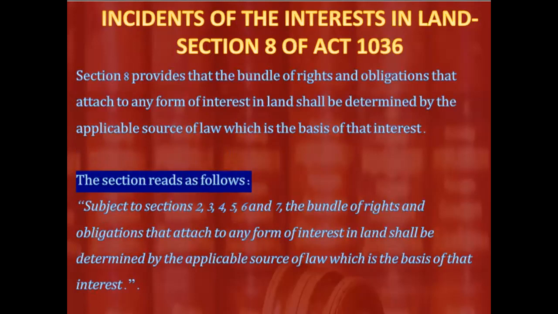Section 8 is the point that will let you know how we can determine the bundle of rights that accrue to the allodial holder, the bundle of rights that accrue to the usufructuary holder. Section 8 will give you a good indication.